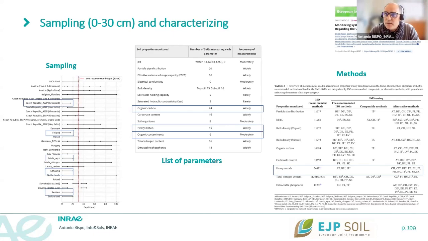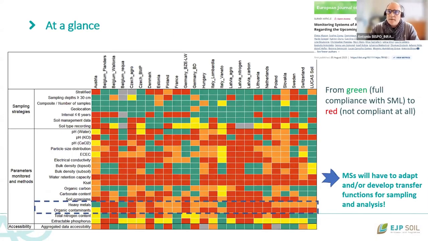Next slide, please. So at a glance, in that paper we try to compare all the different steps: the sampling strategy, plus the parameters monitored, and also the accessibility of the data in that project. If you are in green, it's because you have full compliance with the soil monitoring law. If you are in red, you comply with nothing.